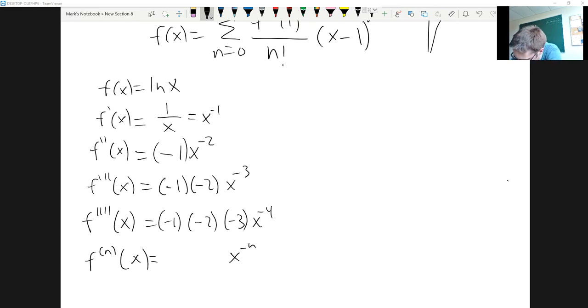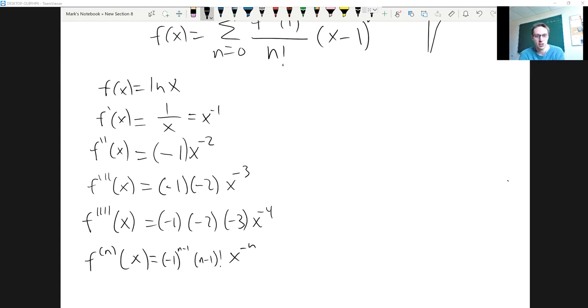And so we can think of that as negative 1 raised to the n minus 1. That would take care of the negative signs. And then what's left is just the product of all of the integers, right? We have 1, then 1 times 2, then 1 times 2 times 3. And so that is just a factorial. And in this case, the factorial goes up to 1 less than the exponent. So it'll be an n minus 1 factorial.